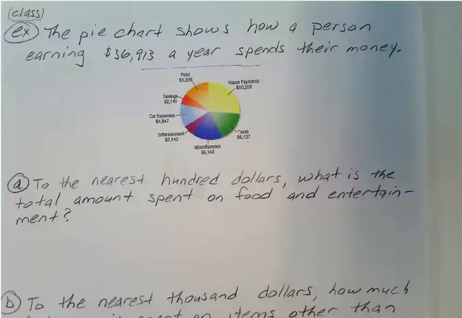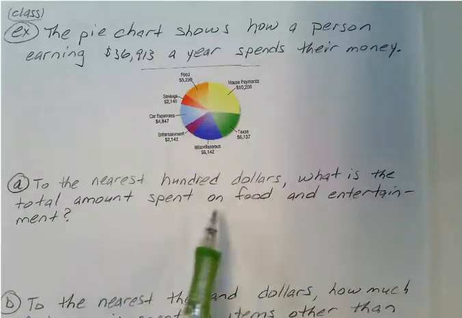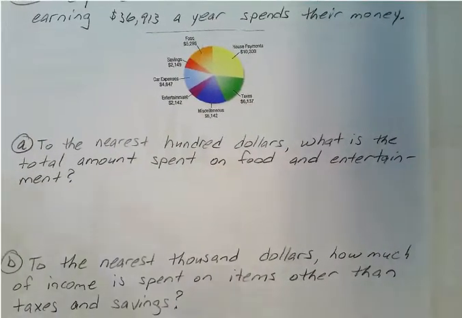Okay, so what I want you to do is press pause and find out to the nearest $100 what is the total amount spent on food and entertainment, and to the nearest $1,000 how much of the income on items other than taxes and savings is spent.